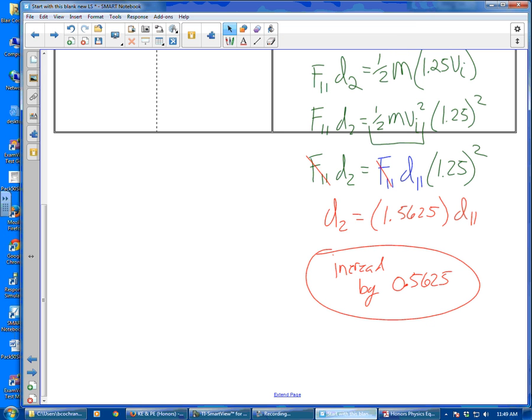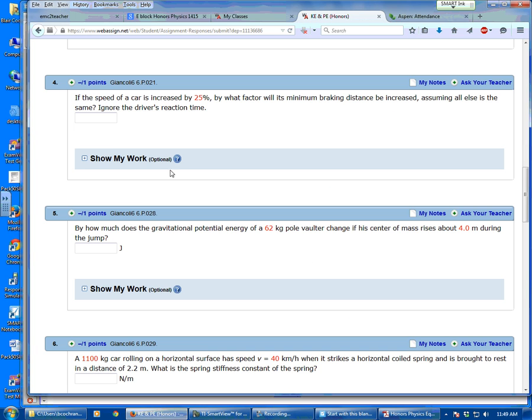Let's see if that's true. Because the 1 would not be an increase. The 1 would be the same. I will put it back as soon as I make sure that I'm not having Friday brain on a Thursday.